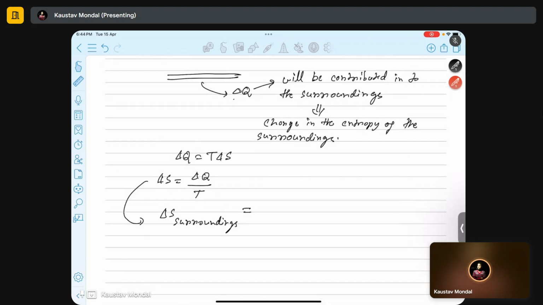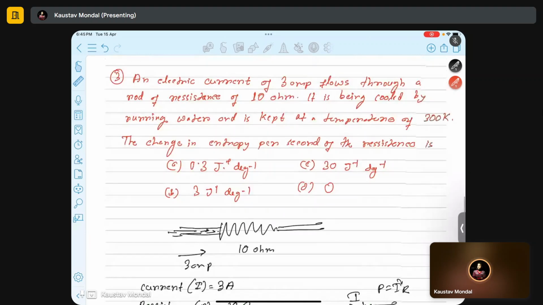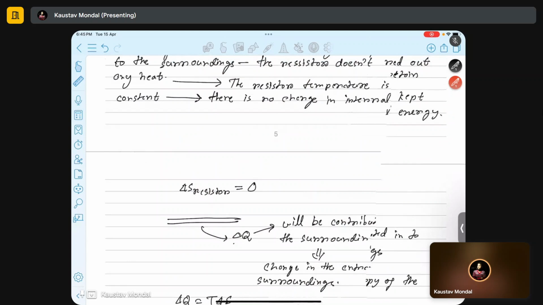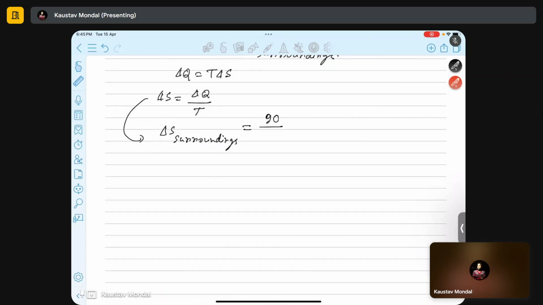Delta q is 90 per second, and the temperature is kept at 300 Kelvin. 90 by 300 gives you 0.3 joule per Kelvin per second.